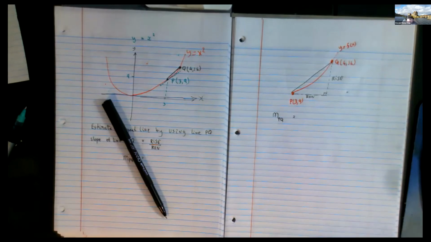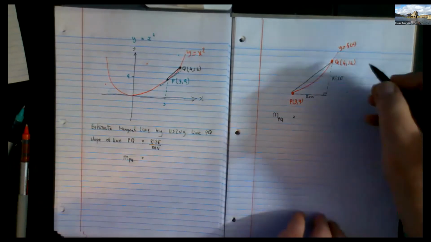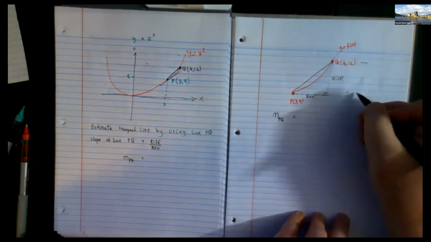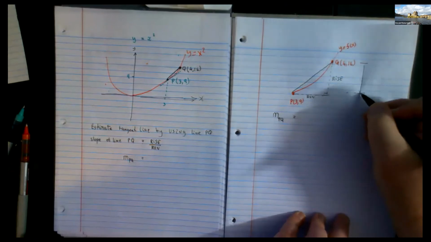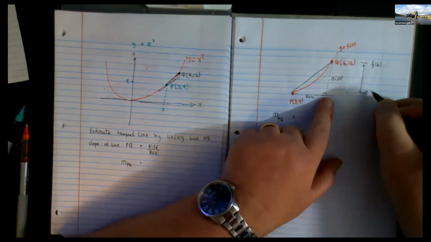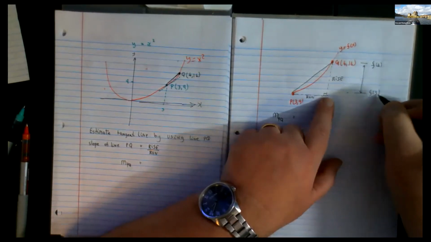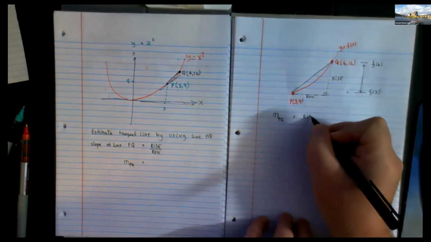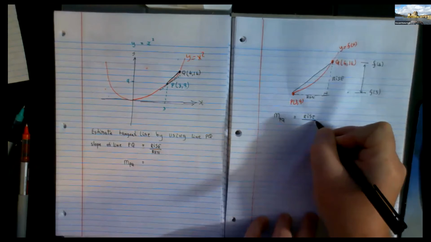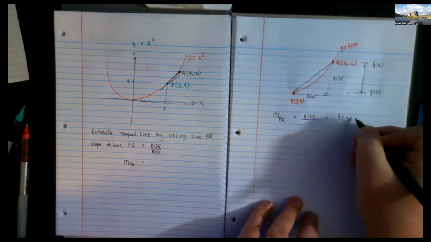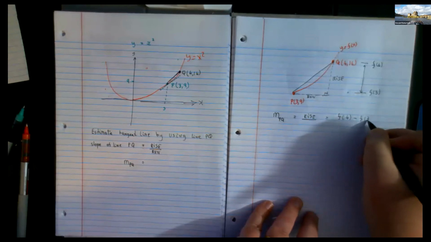In general. This guy here and this guy here. Isn't this guy the value of the function at 4? And isn't this guy the value of the function at 3? So what we're calling the rise is really the difference between the value of the function at 4 and the value of the function at 3.